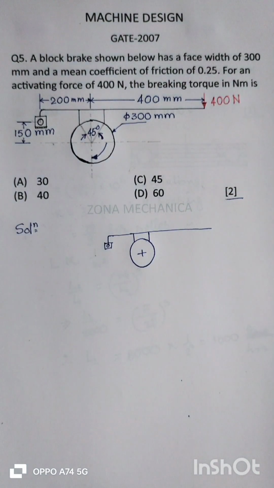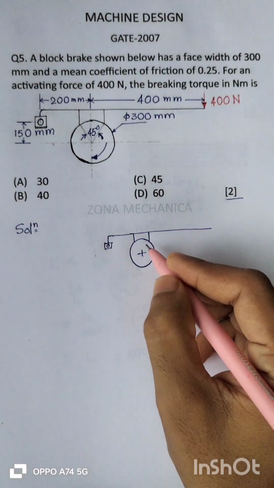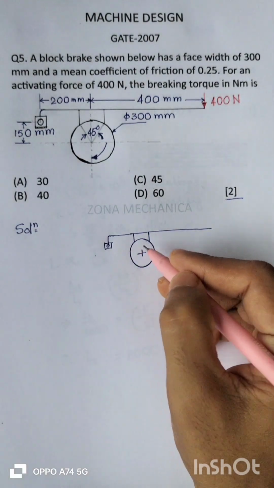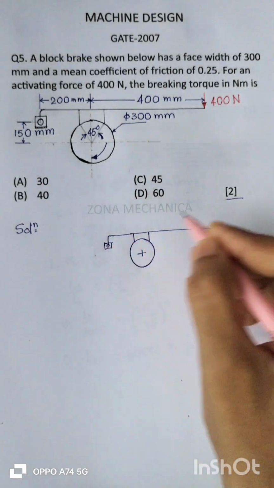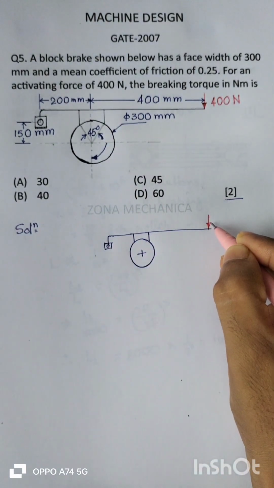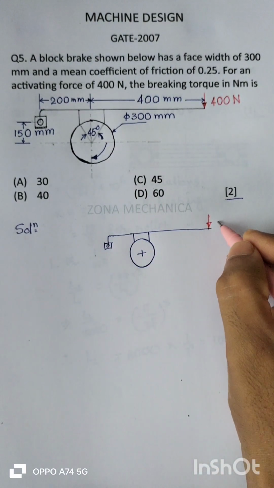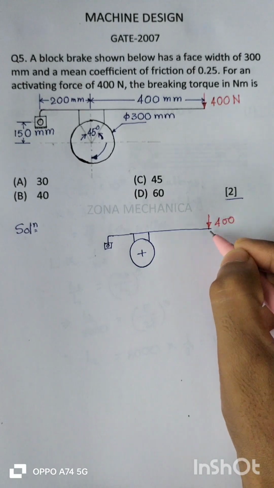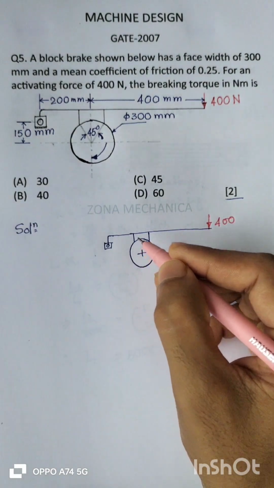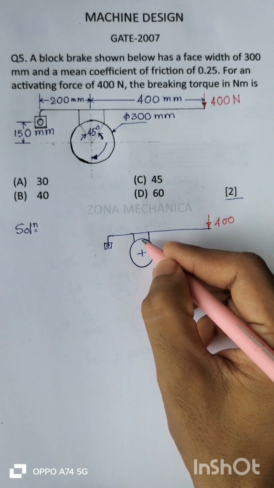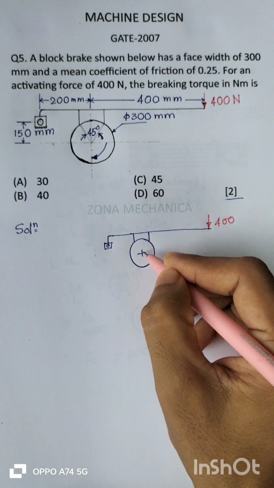Let this be the wheel, this is the block, this is the lever, and this is the fulcrum. Once the activating load is applied over here, the block will engage with the wheel and create a pressure on the wheel.